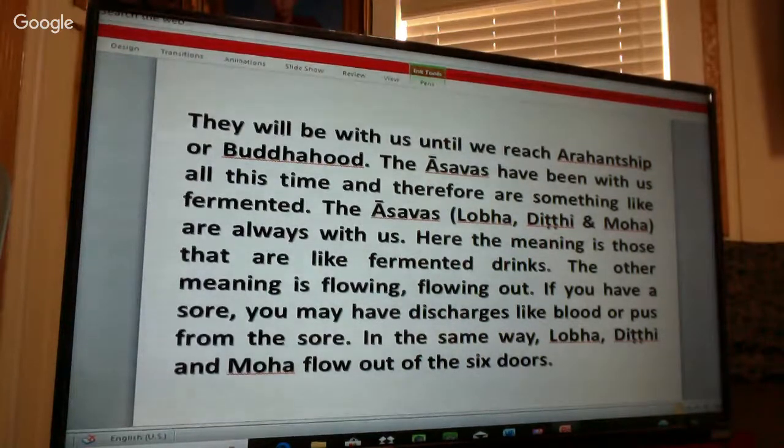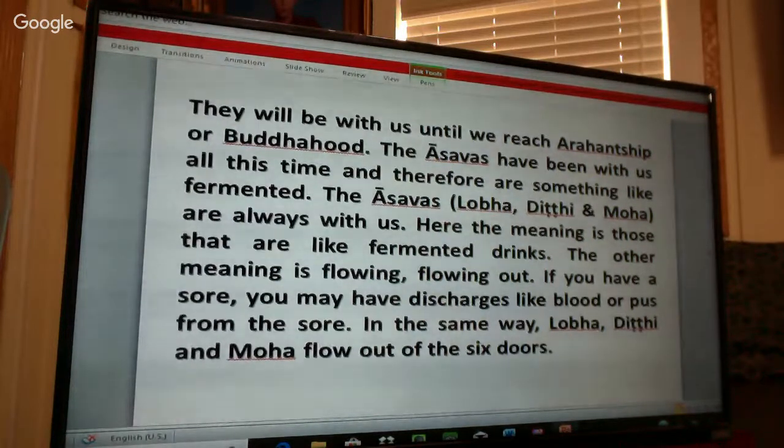This is another example for the asava. So you need to understand asava is four kinds: kamasava, bhavasava, ditthasava, avijjasava. But in reality, it's three kinds: lobha, ditthi, moha. Attachment, wrong view, and ignorance.